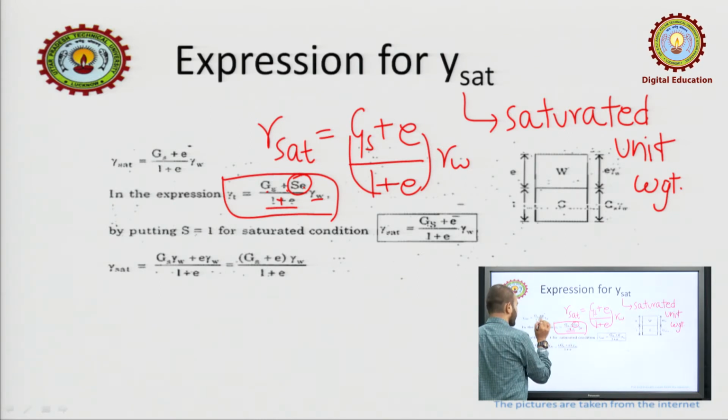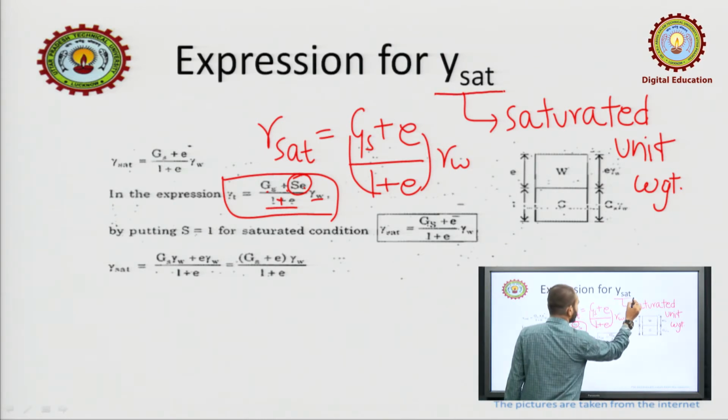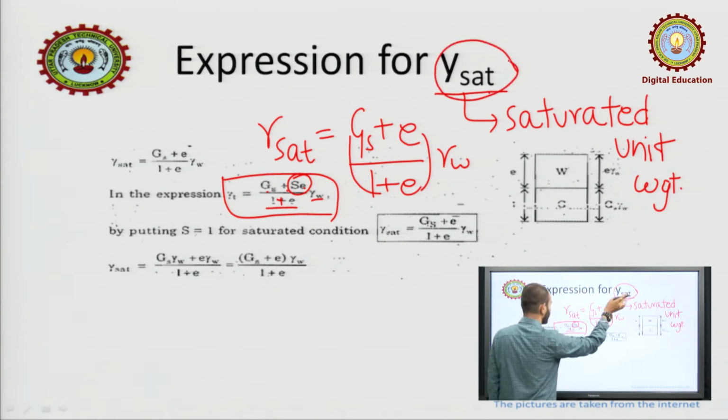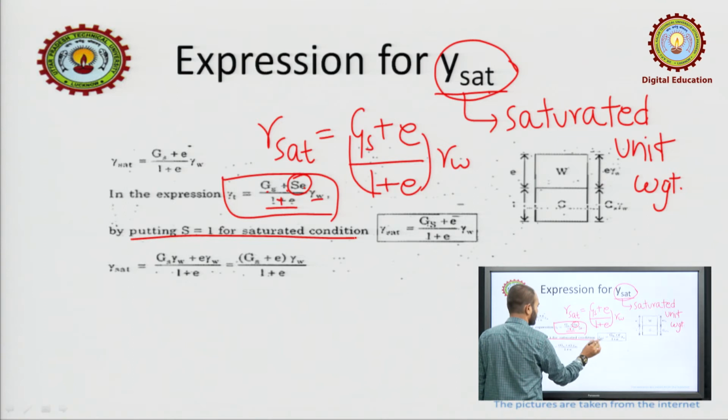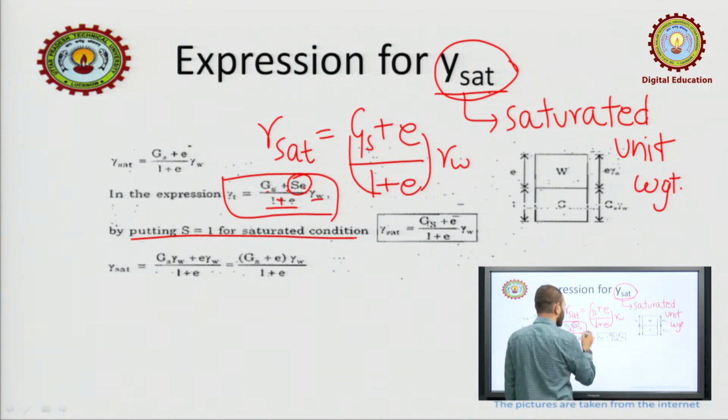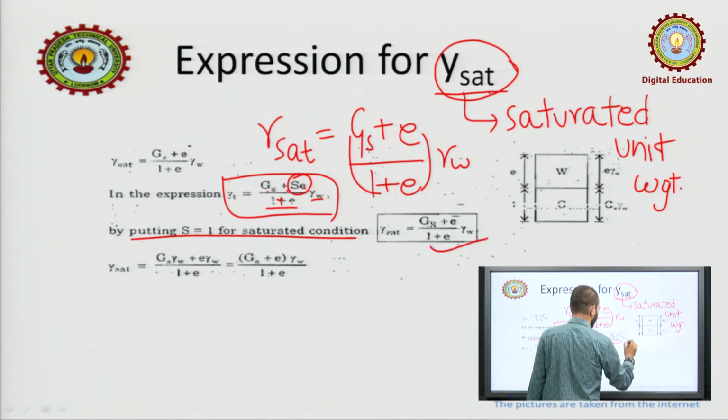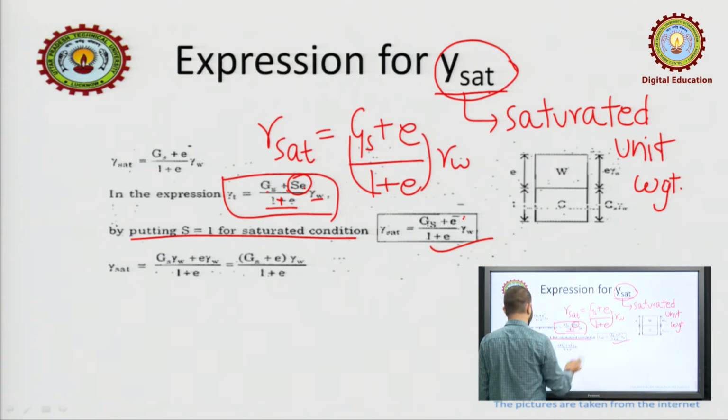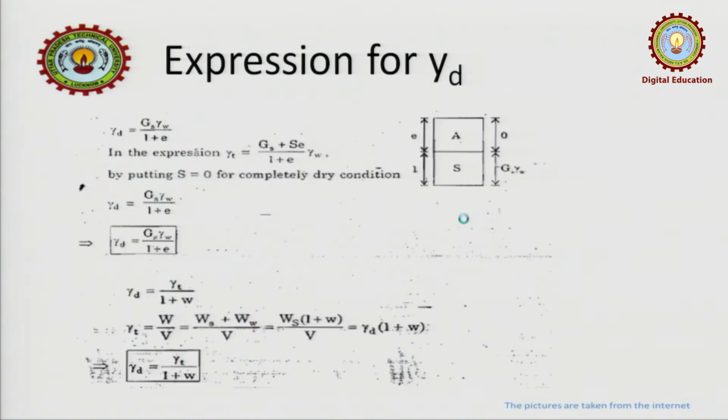When we are talking about gamma saturated, this is for the fully saturated condition only. So, S will become 1. So, we will get the expression Gs plus E upon 1 plus E into gamma W, which I have written here. Okay. Let us go forward.